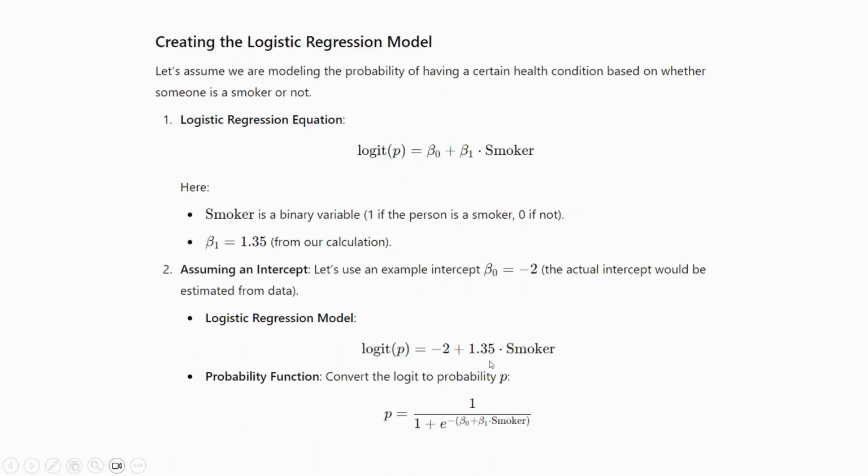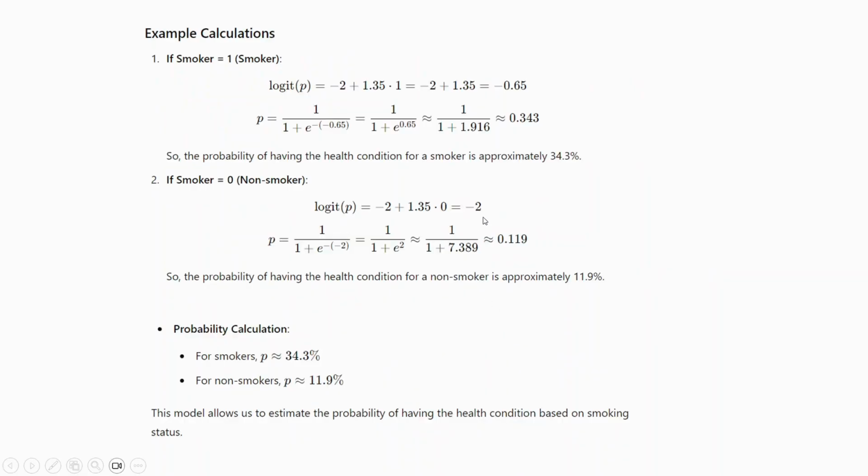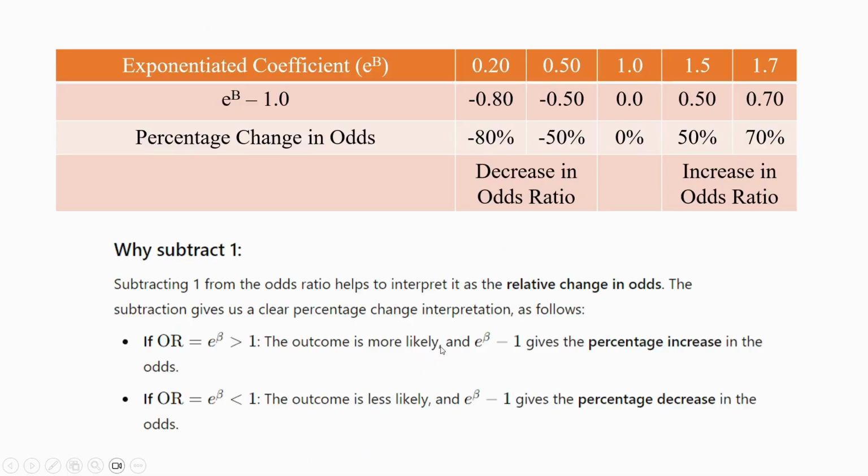In the first case, we inserted 1 and in the second case 0. So now we are only left with minus 2. So P is equal to 0.119. So the probability of having the health condition for a non-smoker is approximately 11.9%. These are the probability calculations. This model allows us to estimate the probability of having the health condition based on smoking status.